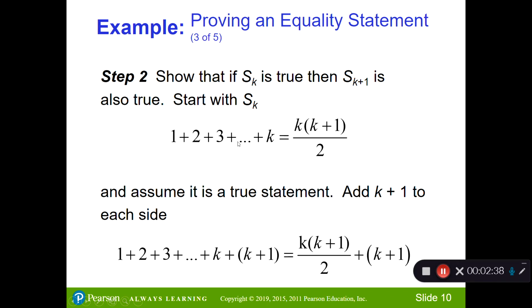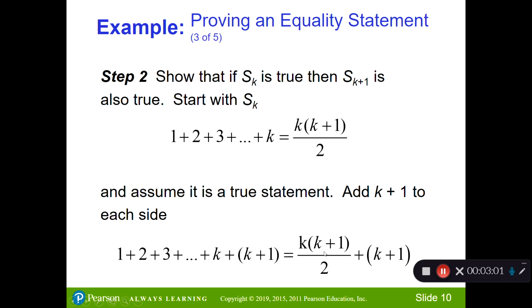Now, we want to use the assumption that this is true to show that it'll be true for the k plus first term. So to do that, we're going to add k plus 1 to each side. Remember, we were just adding up the integers. So the next one in line here would be k plus 1. But to maintain equality, if I add it to this side, I've got to add it to this side.